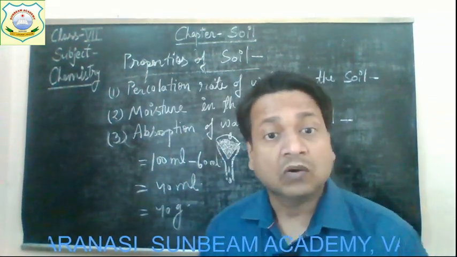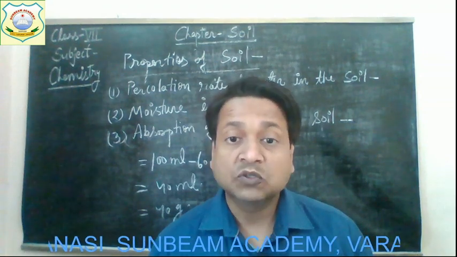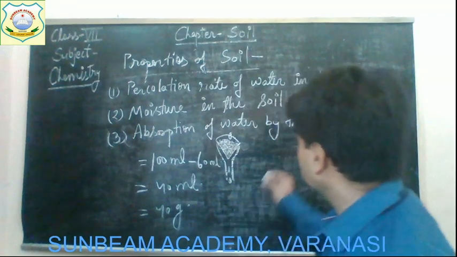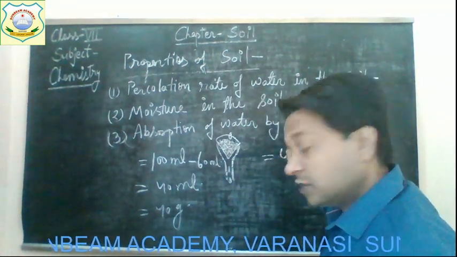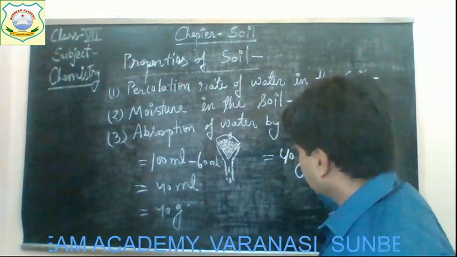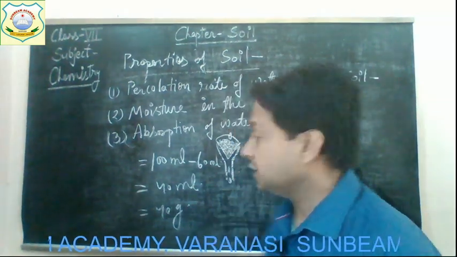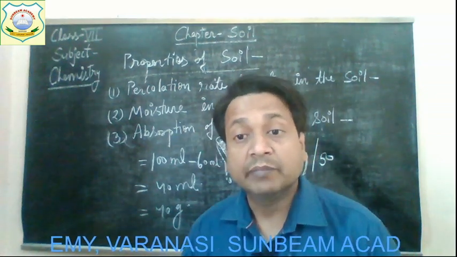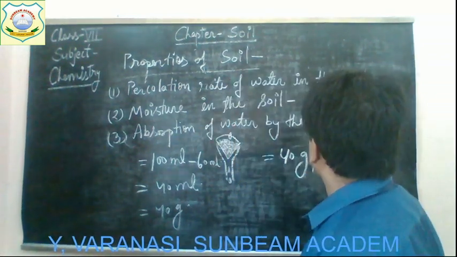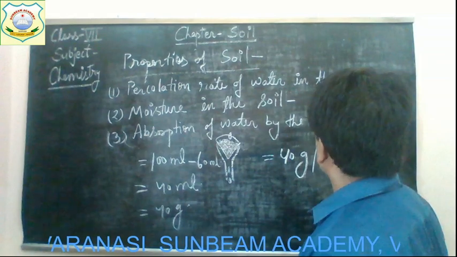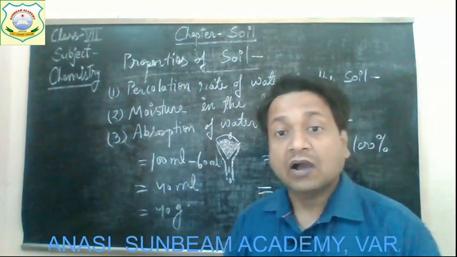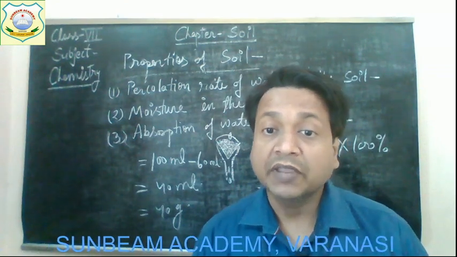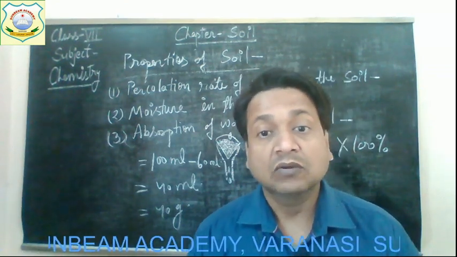Get it? Now, the water which is absorbed as a percentage of the weight of the soil is 40 grams divided by 50 grams, and then we'll multiply it by 100. And now we'll get the percentage of the weight of the soil which absorbed the water.